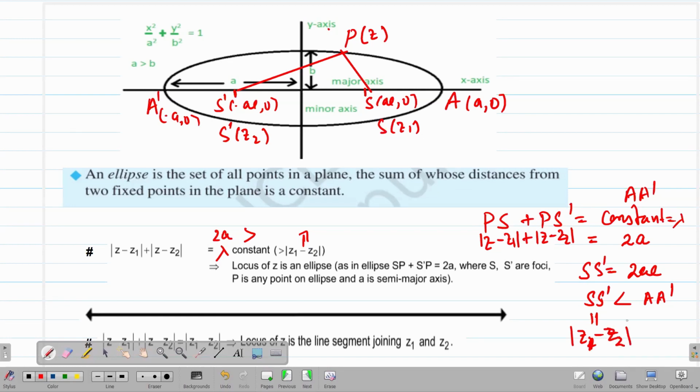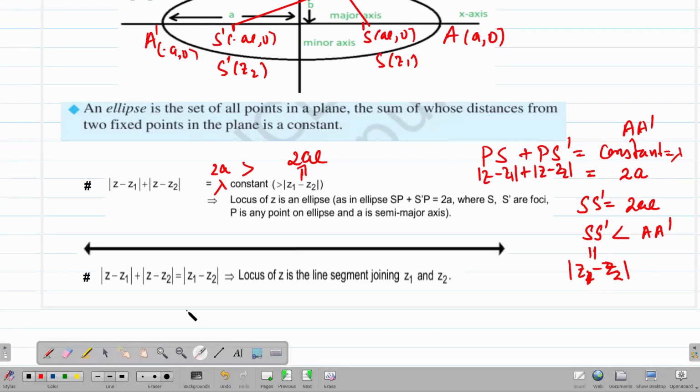So if mod of z minus z1 plus mod of z minus z2 is a constant lambda, and according to the definition this constant is 2a, which is always greater than 2ae. So if this constant is greater than mod of z1 minus z2, then the locus of z is an ellipse where S and S dash are foci, P is any point on the ellipse and a is the semi-major axis. So this is the locus in terms of complex numbers.